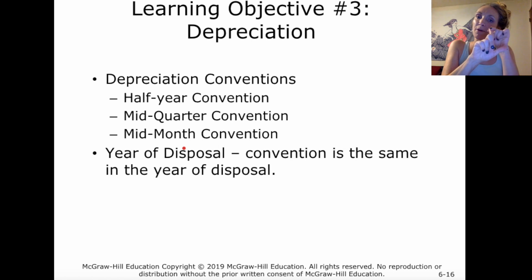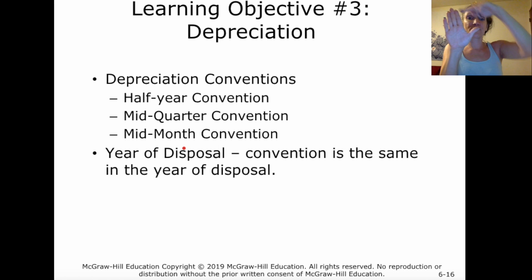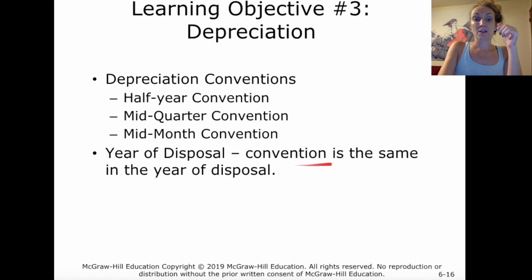You're going to get October, November, December, 3 months. So you're going to get 3.5 months in that first year. And then whenever you dispose of it, you're going to get each month up until the month you disposed, and then a half month in the year of disposal. Convention is the same in the year of disposal.